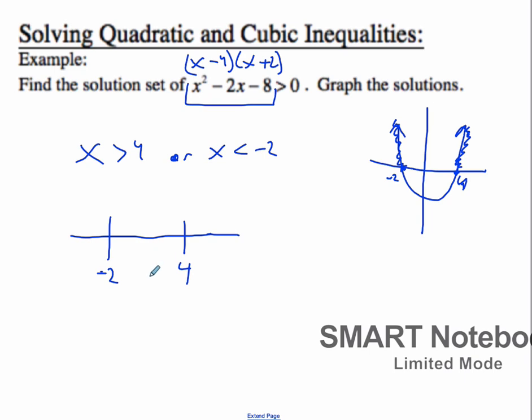Plugging in 0 is pretty easy. If you plug in 0, you get -8, so this is going to be negative. If you plug in a number bigger than 4, like 5, you will get a positive number. And if you put in a number smaller than -2, you're going to have negative times negative, which is positive. So you can also see it from the diagram that x is bigger than 4 or x is less than -2.